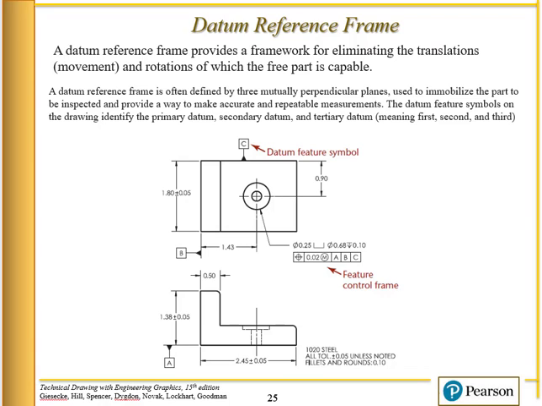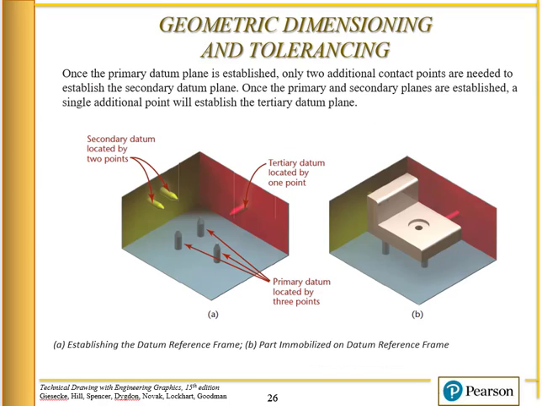Now, how do we relate that to degrees of freedom? If we were to locate the part using GD&T terms, it would look like this. The primary datum is a surface, and that surface can be picked up by 3 points. 3 points to define a plane. Primary datum A is a plane. So we can restrain that part about datum A using these 3 points.